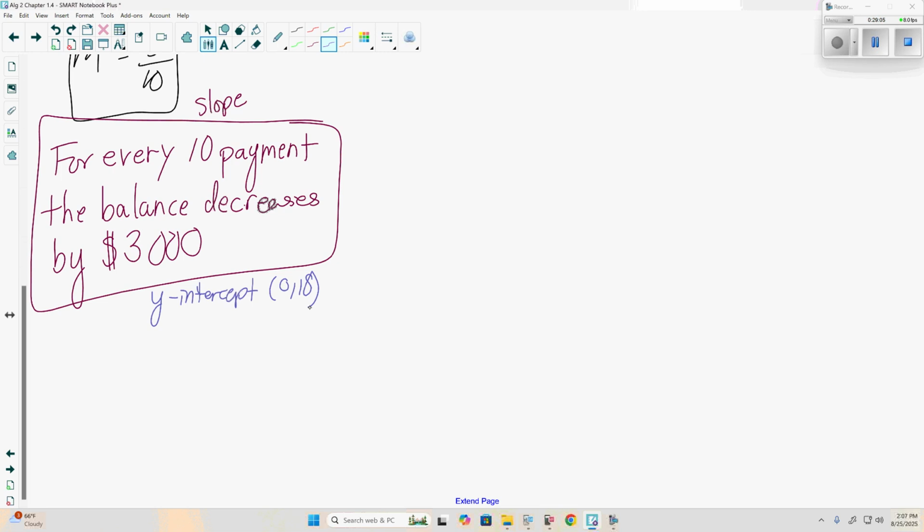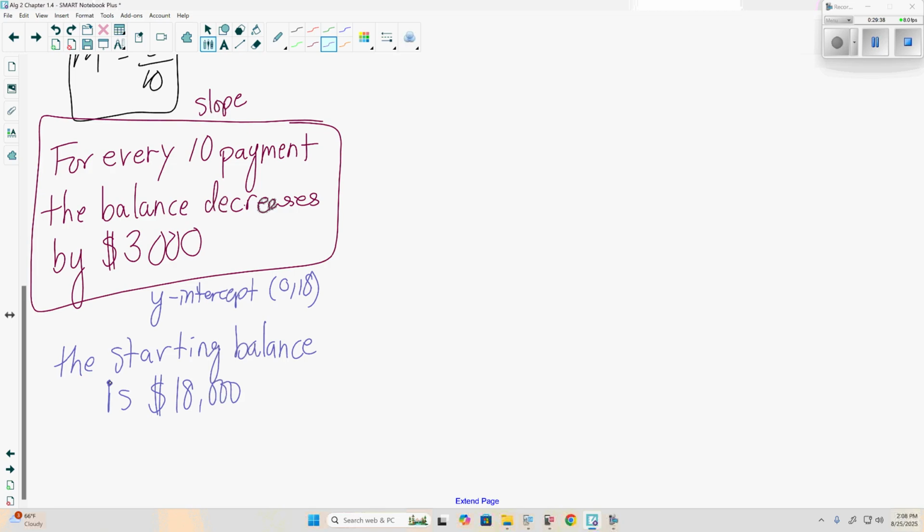Because we could say just what we said. After 0 payments, the balance is $18,000. Or we can say what? The beginning balance, the starting balance, is $18,000. The beginning balance, the starting balance, the beginning amount. Any way you want to say that, because again, we're just trying to say what it is.